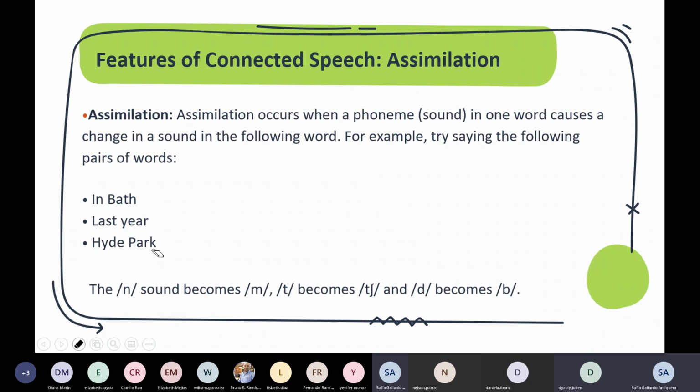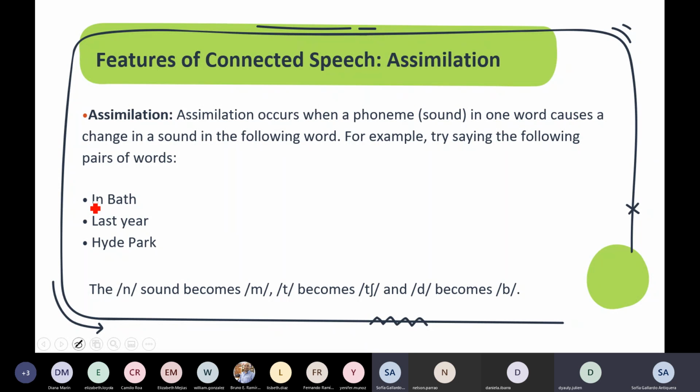In this example, the sound N disappears and it becomes an M. So we would say imbath, imbath. Can you try? Yes, imbath.